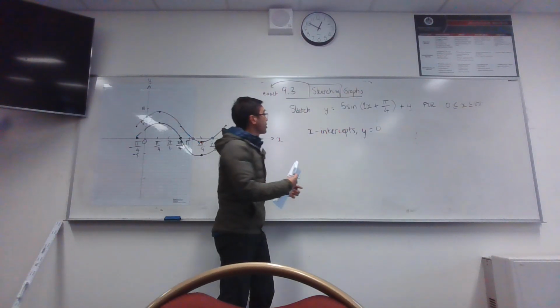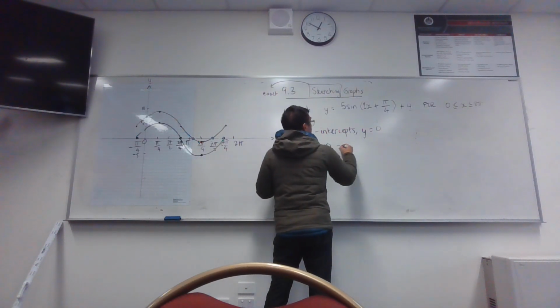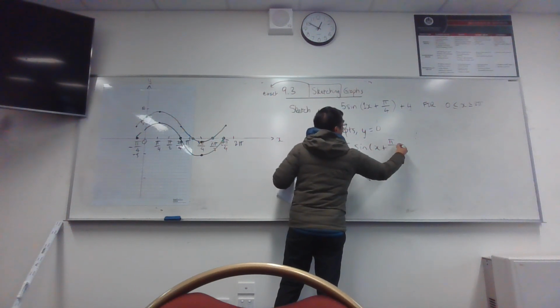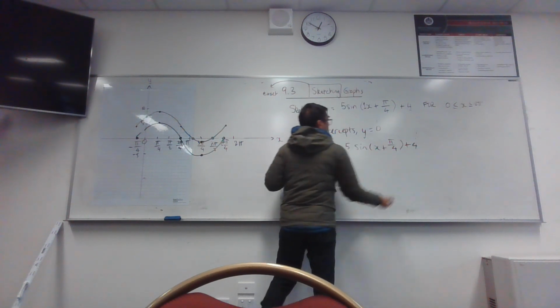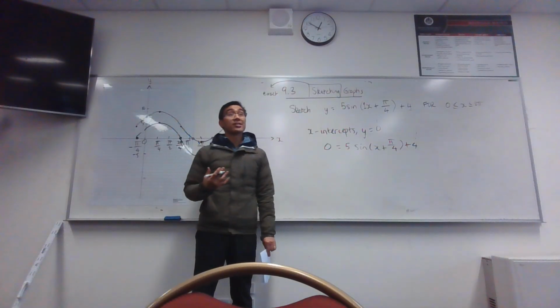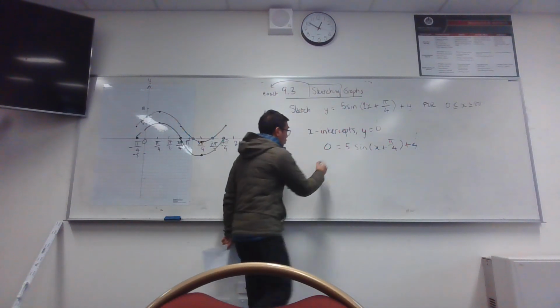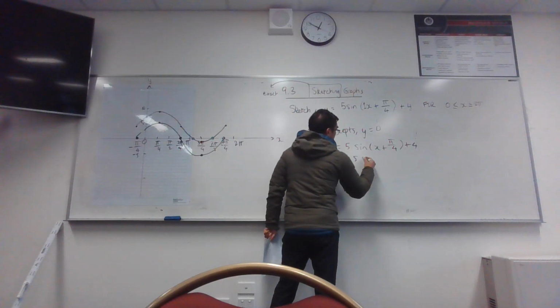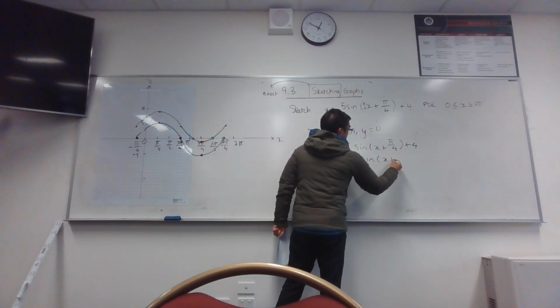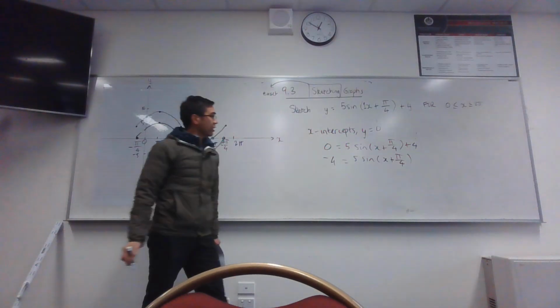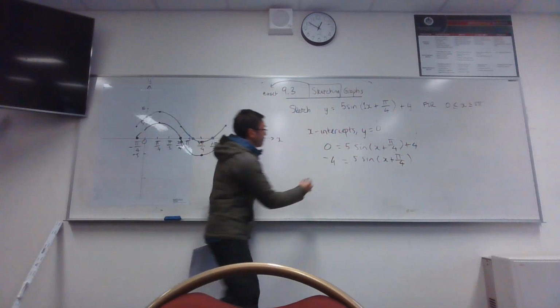Y becomes 0. Because that's where all the x-intercepts live. Okay. What's the first thing that we want to tackle in backtracking? Try and get back to the x, the 4. What's the next thing that we should tackle? The 5.